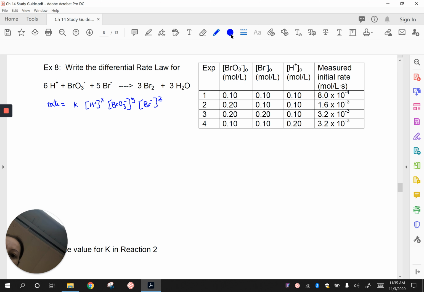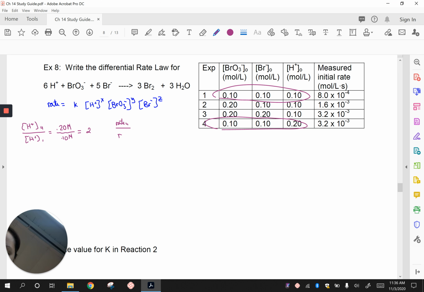To show my work, I'm going to look at the change in concentration in experiment 4 versus 1 for the H plus. So here are my experiments. I'm going to say 0.20 molar for experiment 4 over 0.10 molar for experiment 1, which gives me 2. I chose to do 4 over 1 just so the numbers are a little bit easier, so it's 2 as opposed to half, but it's totally up to you. You do the same thing for the rates.